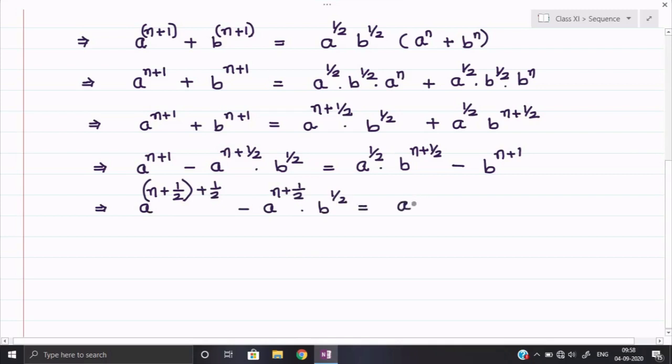Similarly, here a to the power 1/2 into b to the power (n+1)/2 I am keeping the same, but b to the power n+1 I am writing in the same manner as I wrote a to the power n+1. So (n+1)/2 in one bracket and plus 1/2 in another term.